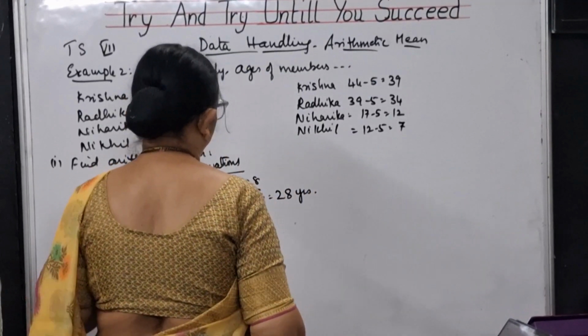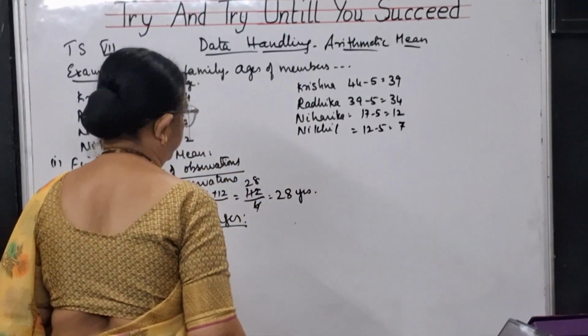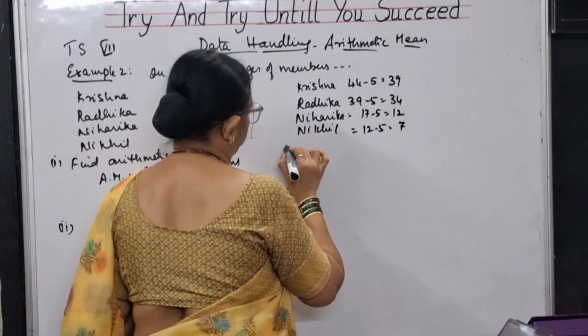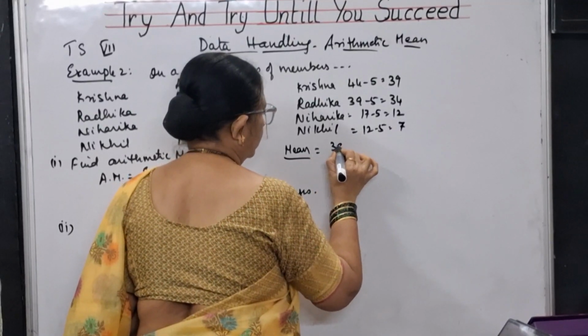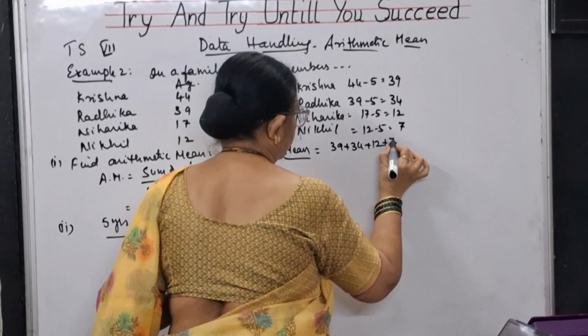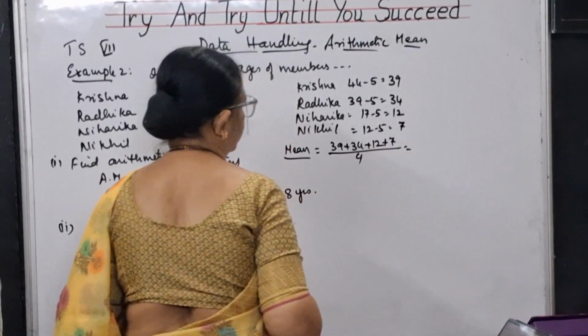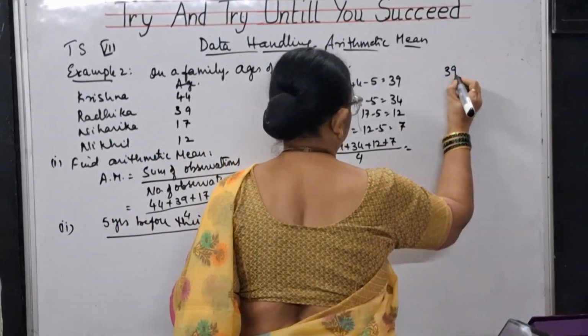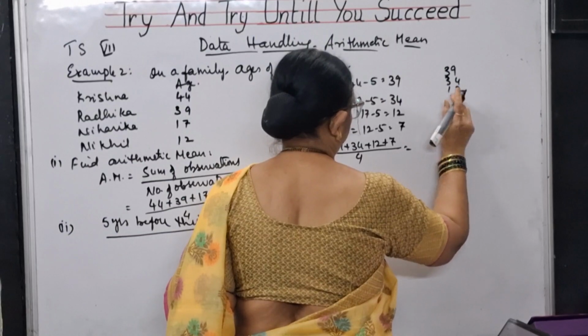So again the question is find their mean. We have to find out mean. Mean is equal to 39 plus 34 plus 12 plus 7 by 4. This is equal to 39, 34, 12 and 7.